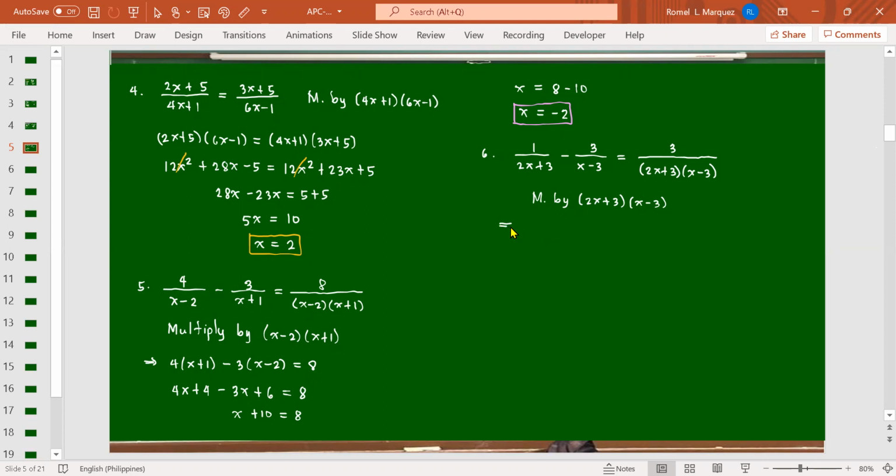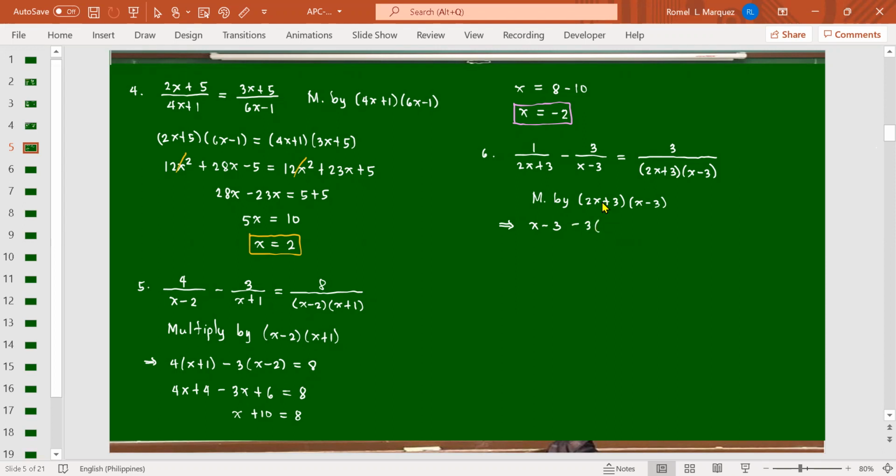So multiplying this equation by this LCD or by this expression, we have 1 times, sorry, x minus 3 times 1 here. So it's still x minus 3.